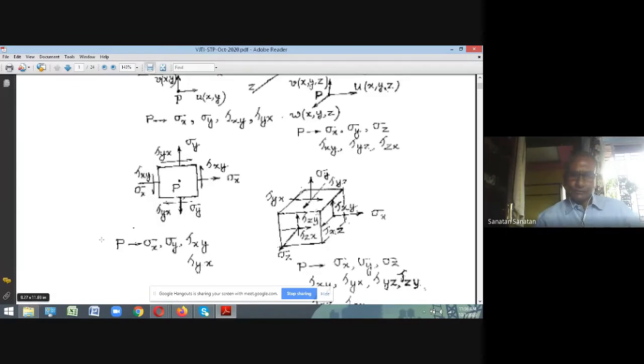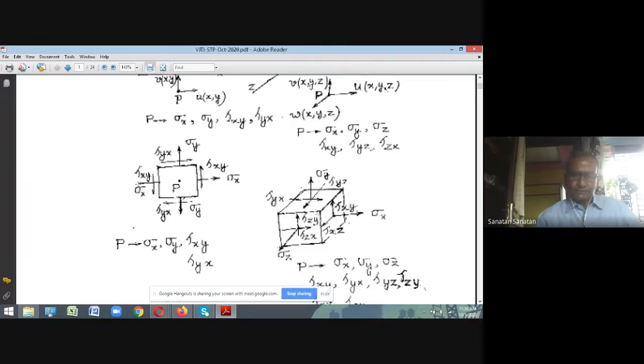Now you think of it, the face which is on the left vertical face has its outer normal directed in the negative x direction. So it is actually the negative x face, and the stress which is acting in the negative x direction is called positive stress, and it is indicated as sigma xx, or in short sigma x.